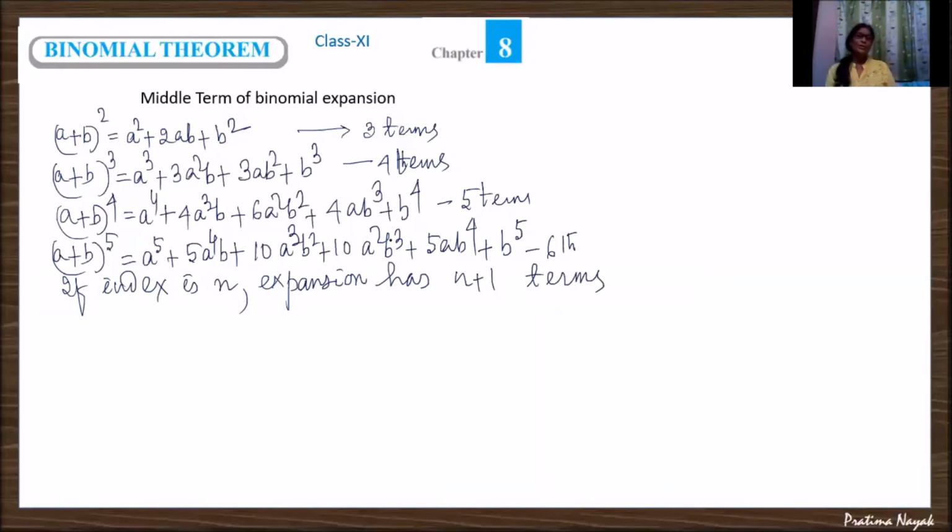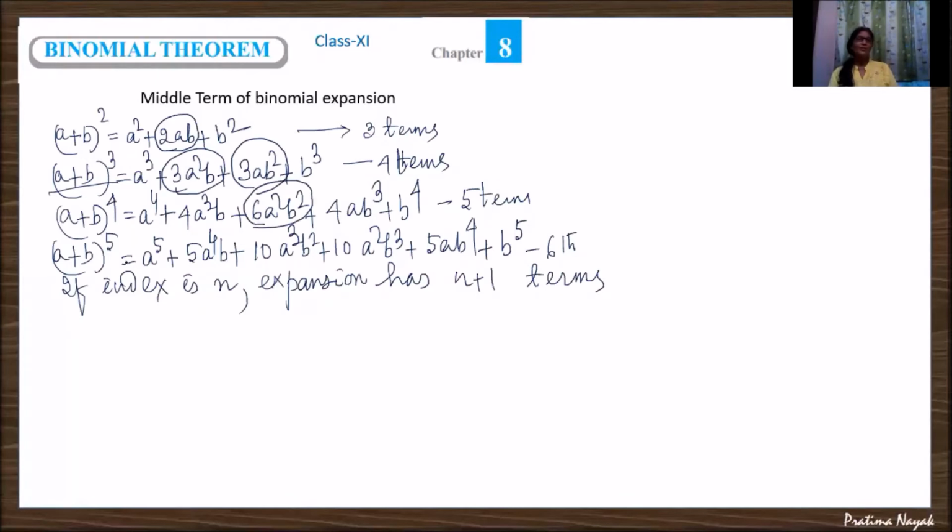So the next concept is, if it is (a + b) whole square, what is the middle term? The middle term is 2ab. If it is (a + b) whole cube, then there are 2 middle terms because there are 4 terms. And when (a + b) to the 4, again there are 5 terms, so there will be 1 middle term.